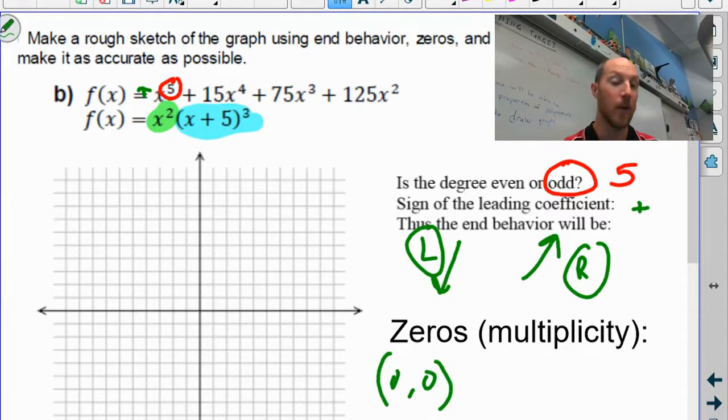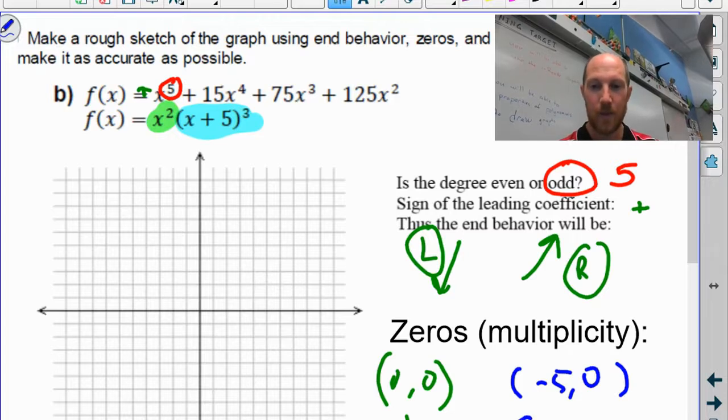Multiplicity on the green one is a 2, which is going to give me a U shape. And then for the blue one, my coordinates, negative 5, 0. You can take whatever's inside the parentheses, x plus 5, make that equal to 0, solve to find x. So I'm going to subtract 5 on both sides. And then for the blue one, the multiplicity is 3, and that is going to give me an S shape.